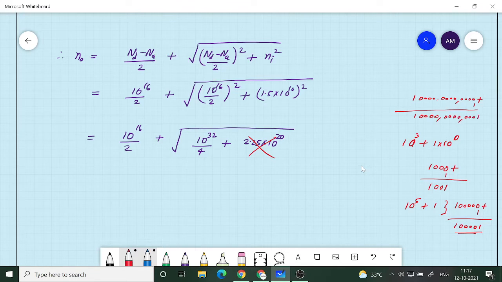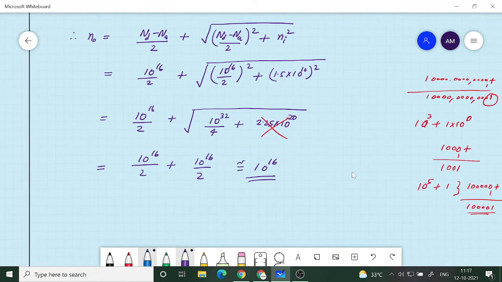So nobody would want to carry this one around, and you will just take the first number itself as the sum. I hope you can get what I am trying to say. So this is basically 10 raised to 16 by 2 plus 10 raised to 16 by 2, which is basically 10 raised to 16.